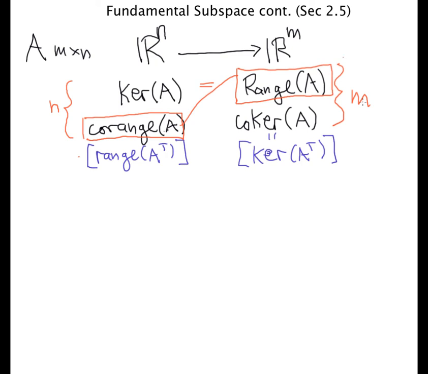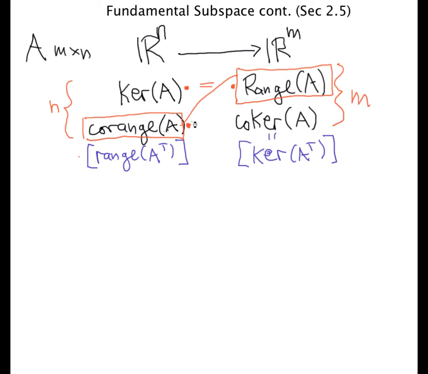So this is the theorem that I just proved. The dimension of the kernel of A plus the dimension of the range of A add up to n. And if you replace the dimension of the range with the dimension of the corange, you get that these two numbers add up to n. And if you just apply the same thing to the transpose, you get that these two numbers add up to m.